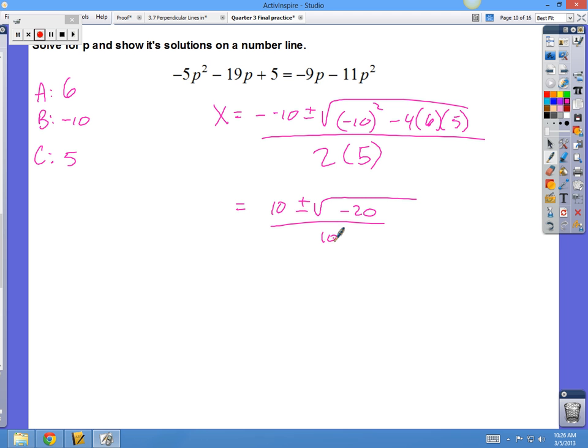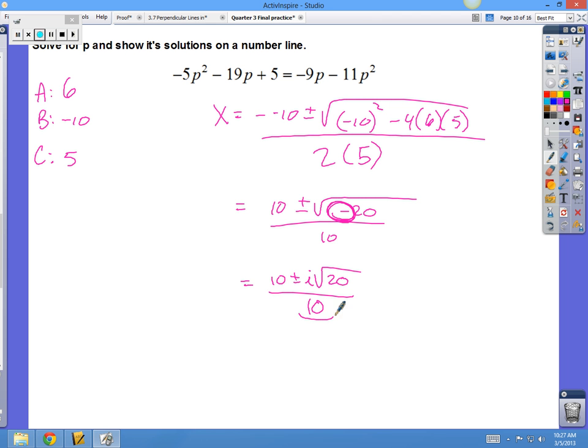So your eyeballs have got to solve this problem right here. Square root of a negative. That's going to take you into the imaginaries. So 10 plus or minus, just put the imaginary in front of the radical. I times the square root of 20 all divided by 10. You know what?